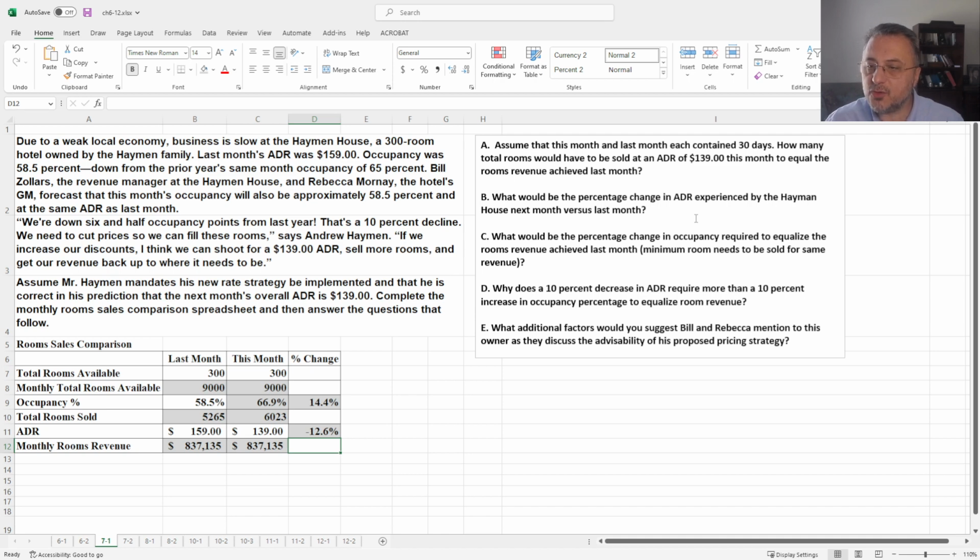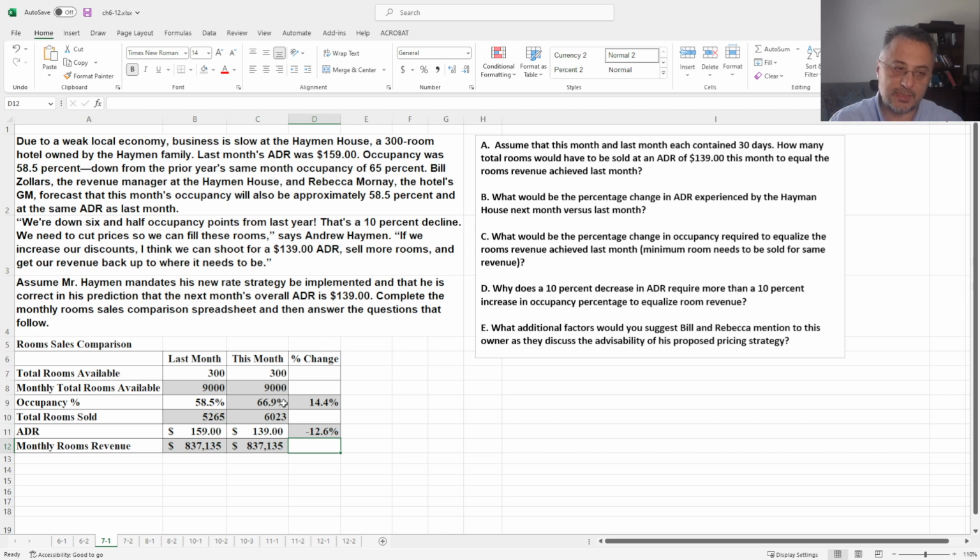What additional factors would you suggest Bill and Rebecca mention to these owners as they discuss the advisability of this proposed strategy? This is a good idea in a sense, because the assumption is this is going to increase demand. Of course, the idea here is it needs to increase by more than 14.4%. That's the minimum required. Basically, they need to get more than 66.9% occupancy. But of course, we talked about this in the previous question as well.